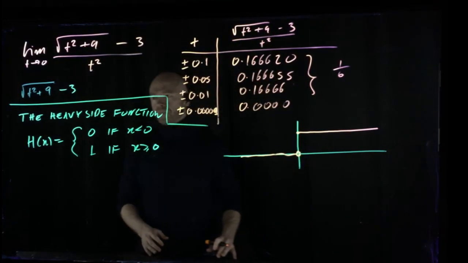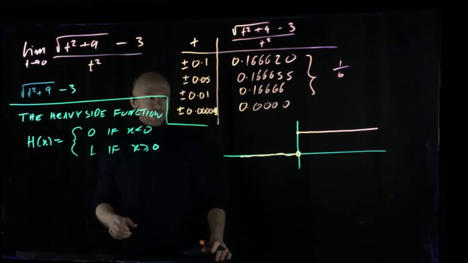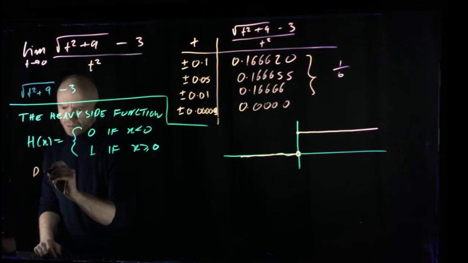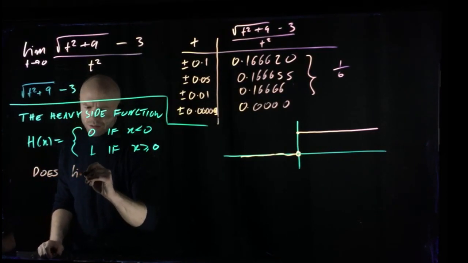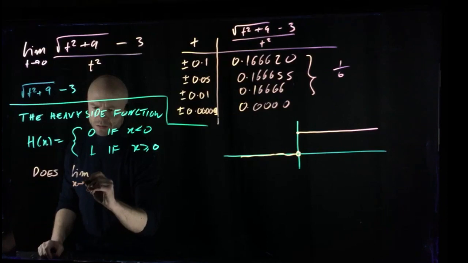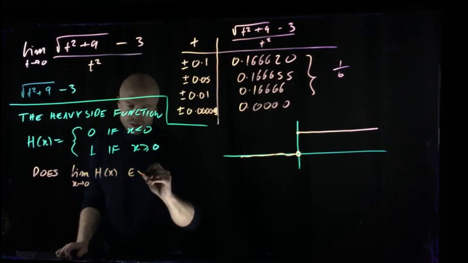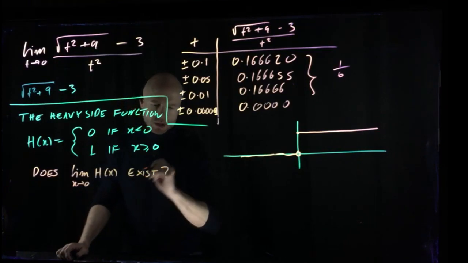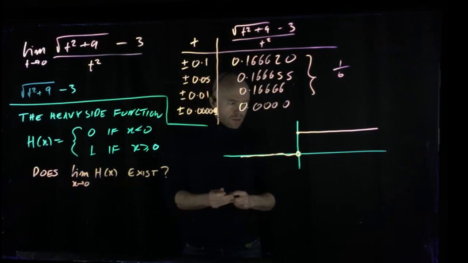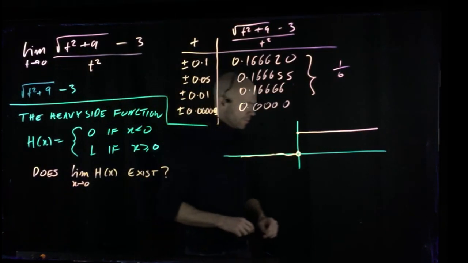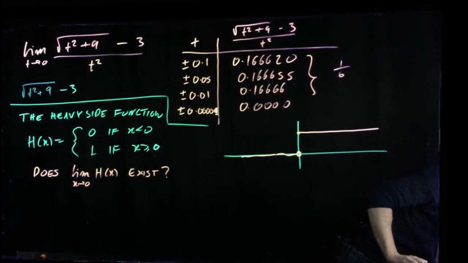All right, so this is the Heaviside function. This is what it looks like, and our question is, does the limit as x goes to 0 of H of x exist? And the answer, I hope you guys can see, is no. Let me try and get a different color.